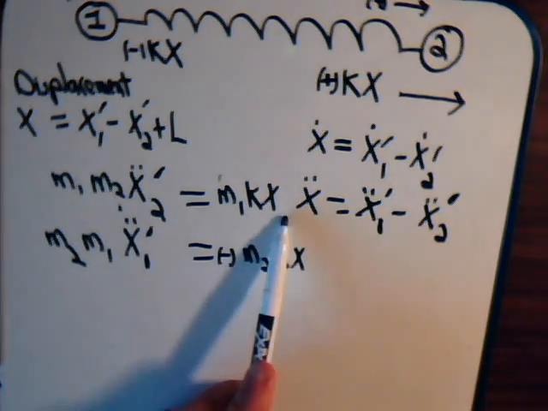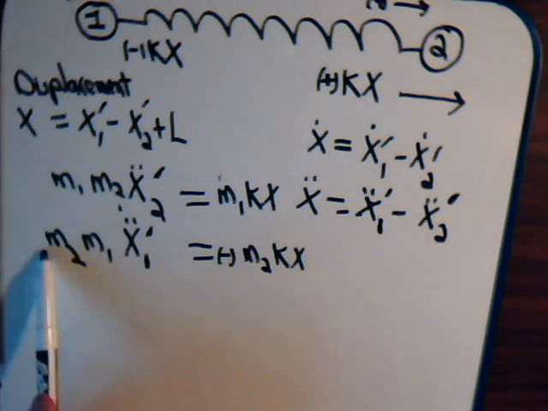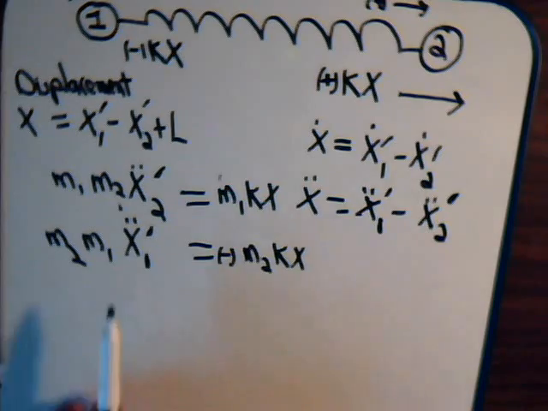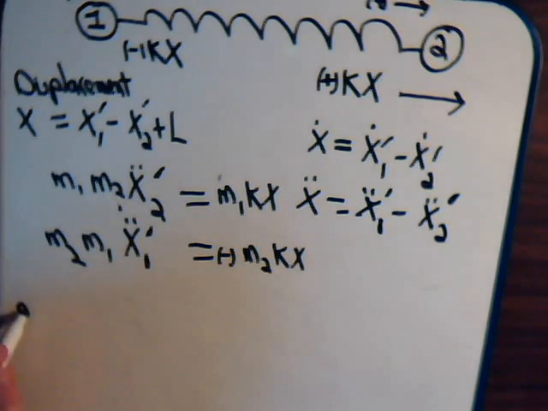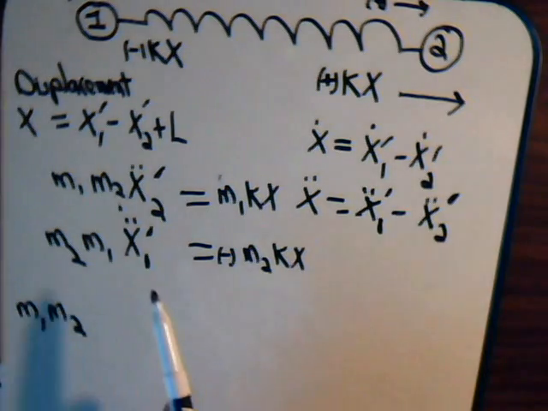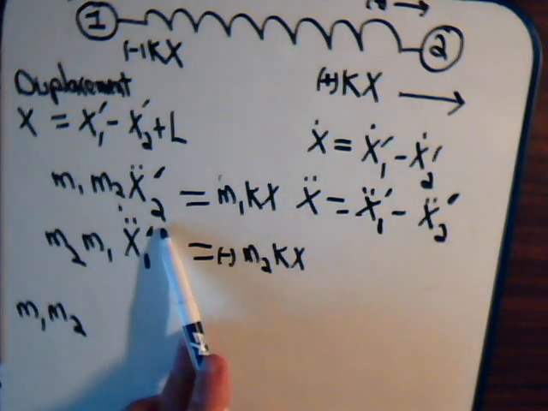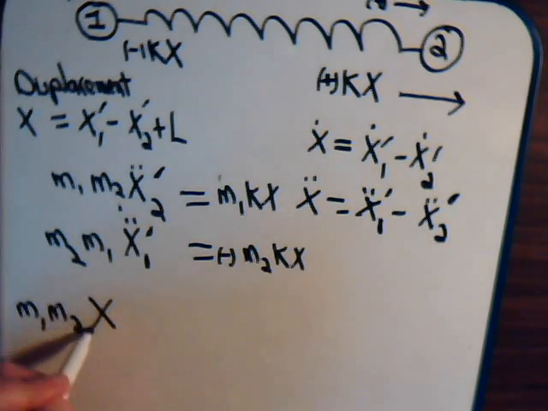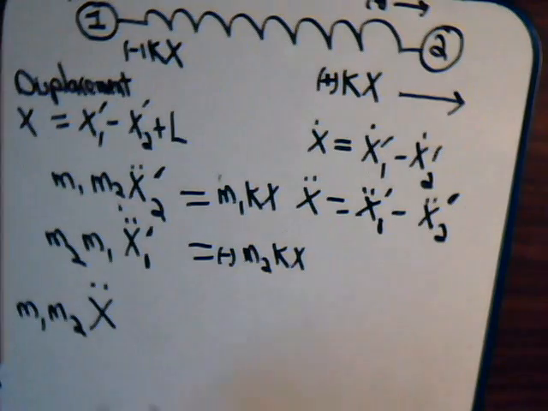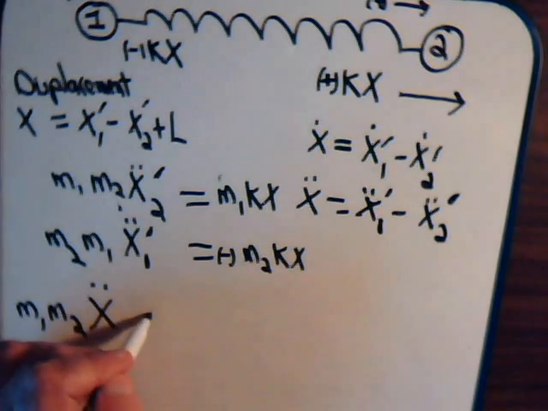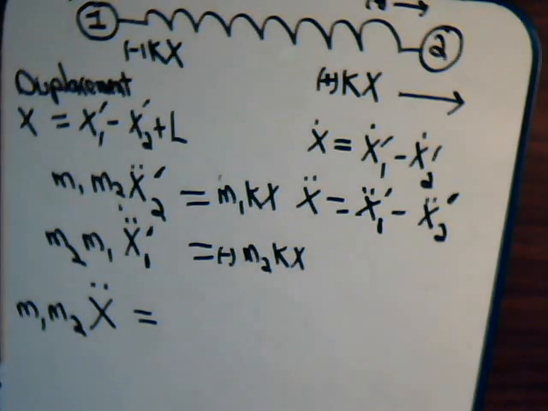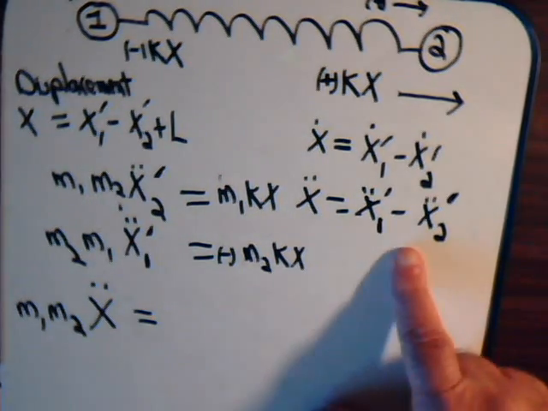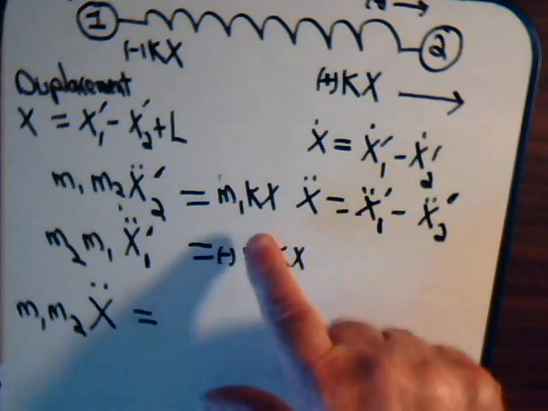So let's subtract this equation from this equation. On the left side we'll have m1 times m2, and we'll have this minus this, which is that. So we have the acceleration of displacement, and that will equal then this minus this.